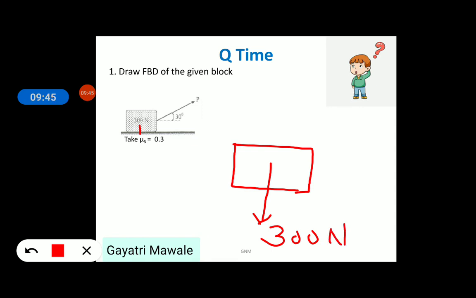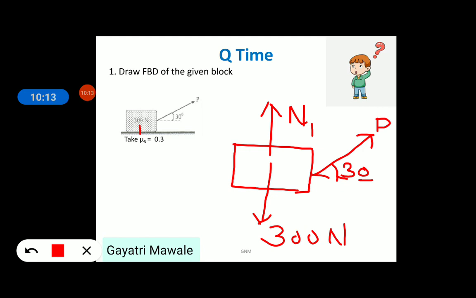Then show externally applied force. It is acting away from the block like this. P force, making angle 30 degree with horizontal. Then show normal reaction. Contact surface is horizontal, so perpendicular to it, vertically upward is normal reaction N1.